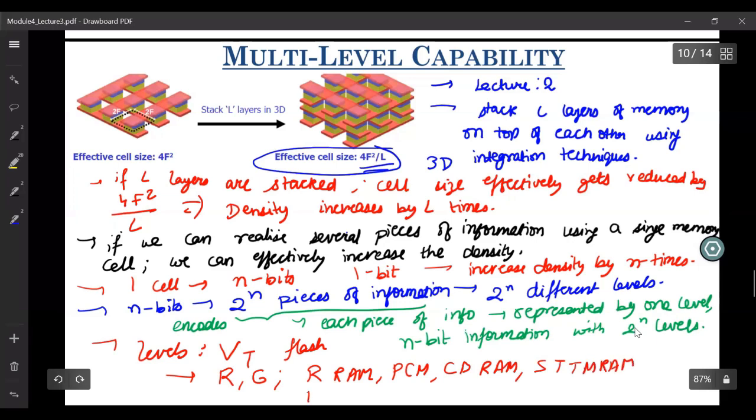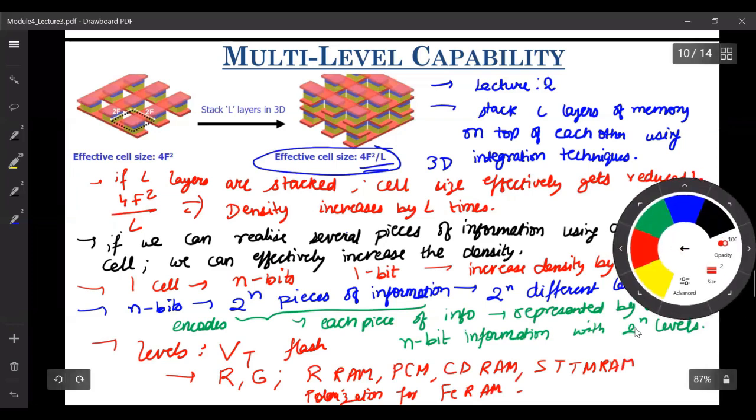And this would be polarization for ferroelectric RAMs. So if you can have one device which shows several such distinguishable levels, then you can encode more than 1 bit of information per memory cell. And that way you can increase the memory density further.